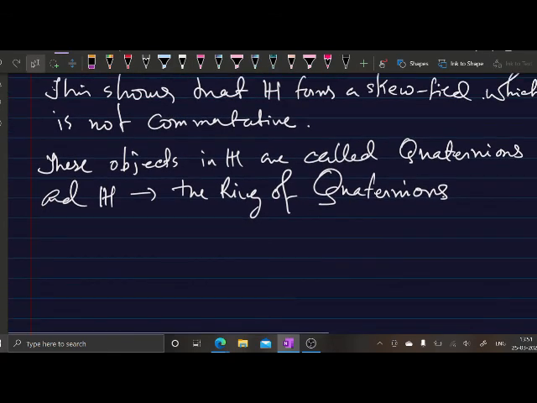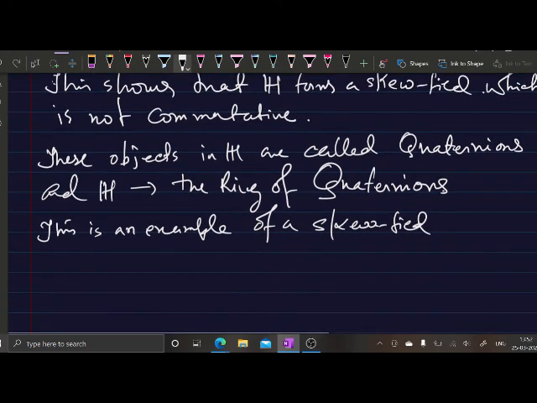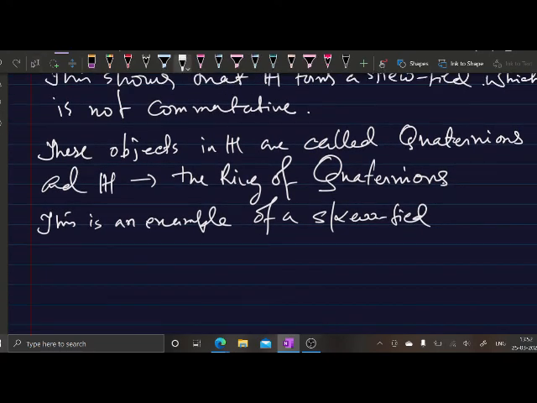That is, this is an example of a skew field without having commutativity, an example of a skew field which is not a field.